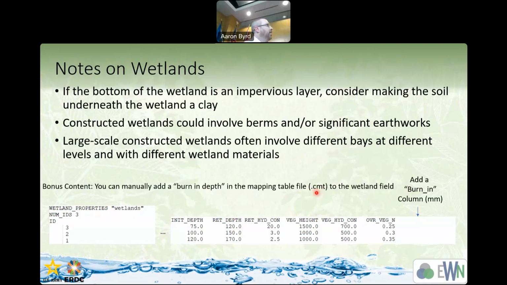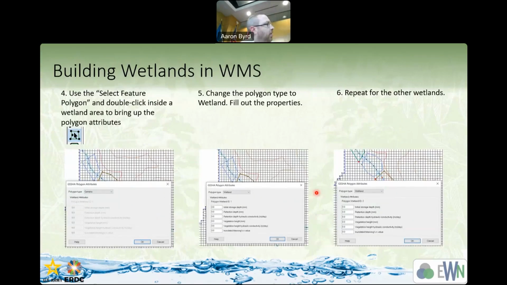I have a question on the review time actually. Instead of building the wetlands in there and drawing them, can you take an ArcGIS file and import it with polygons already in it? You can for sure. Or if you have the imagery of it, you could use that to trace. Yeah, you can do either one.